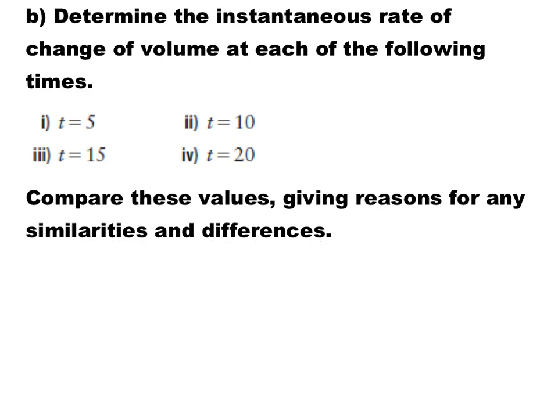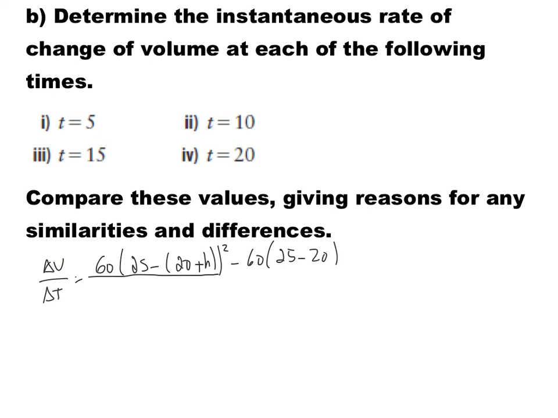And the last part says at t equal to 20. Again, delta V over delta t is equal to 60 times (25 minus (20 plus h)) squared, minus 60 times (25 minus 20) squared, over h.